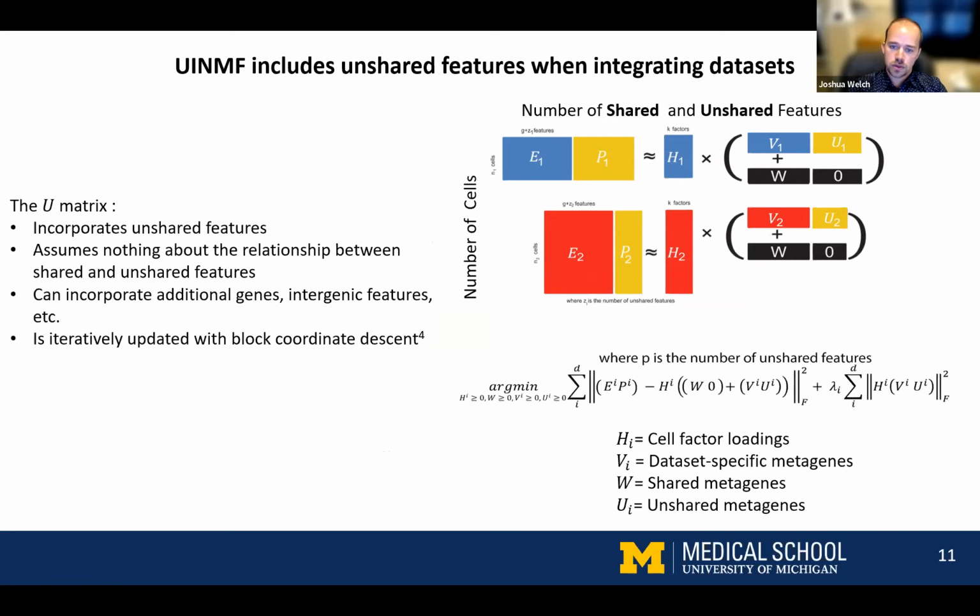And so there are some approaches out there where if you assume a particular linkage, maybe from TF motif information or something, you can use that as the basis of the analysis. But here we don't have to assume that. And so the unshared features could be intergenic peaks or genes that are measured in one data set but not another, or non-homologous genes, for example. And then we iteratively update the U matrix in conjunction with V, W, and H using block coordinate descent.